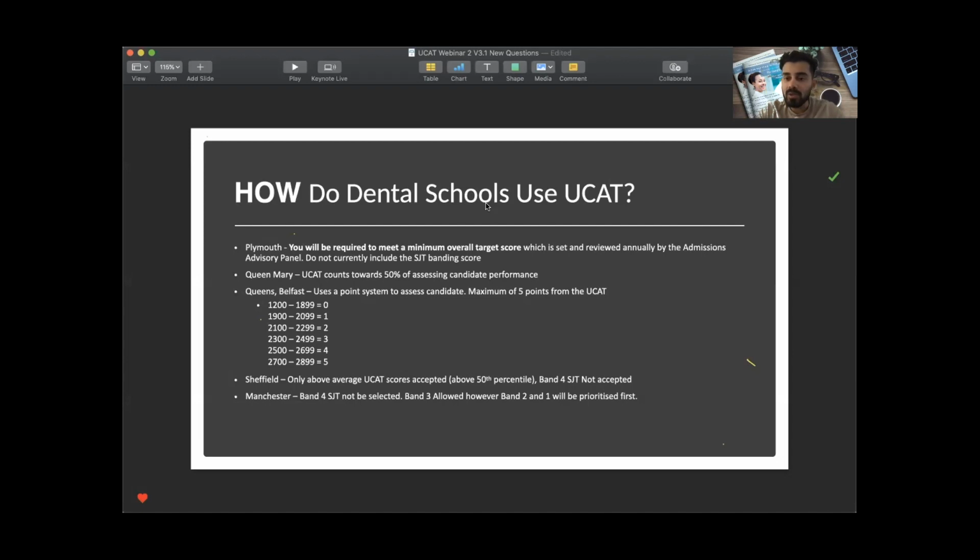But what I would advise individuals who are considering dental or medical applications is to familiarize themselves with the prospective university that they wish to apply for. That is probably the best information source that you can gain, because that will have the most up-to-date relevant information with regards to any assessments and entry criteria.